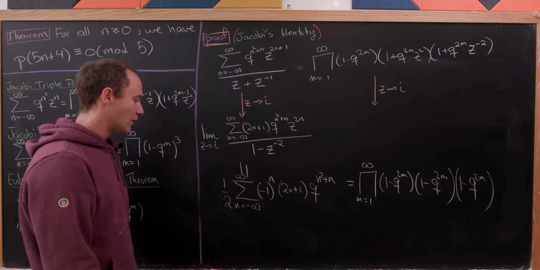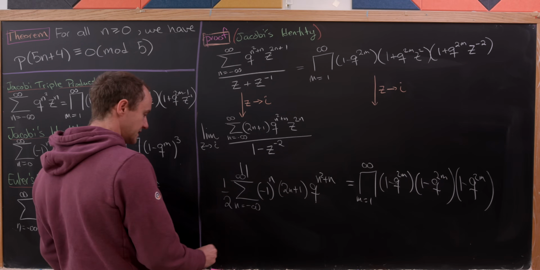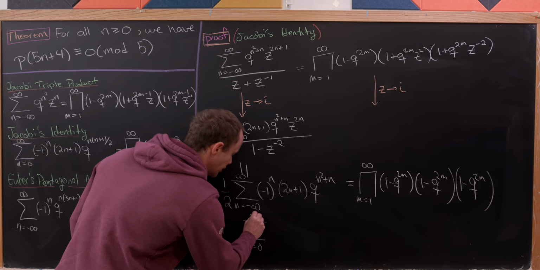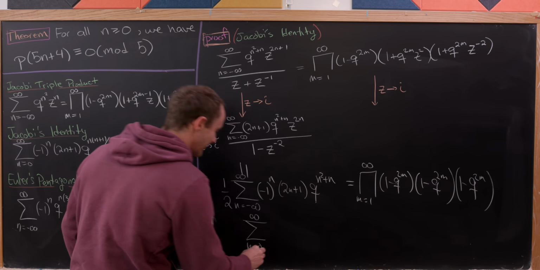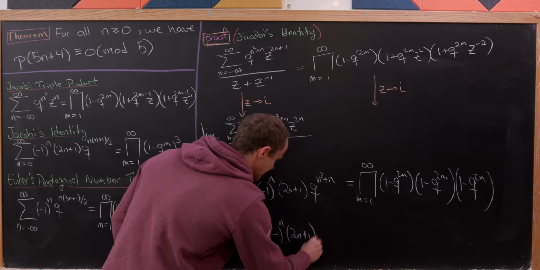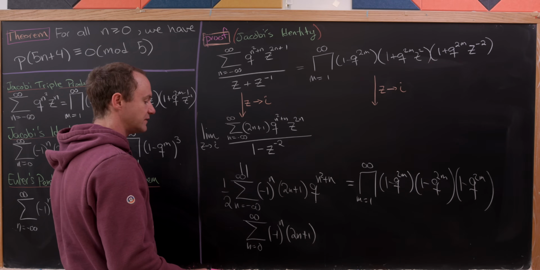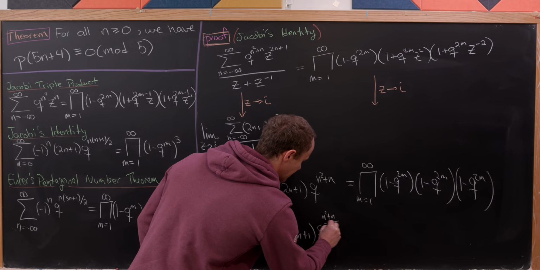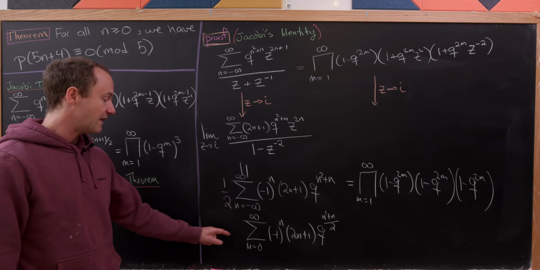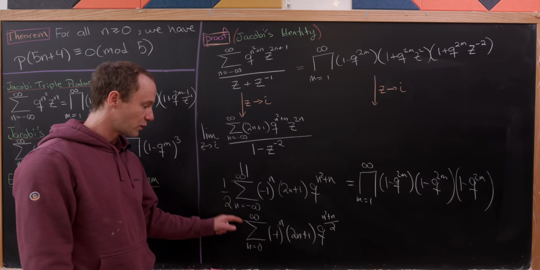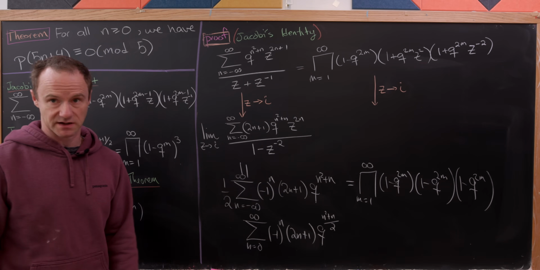But now we can do the following, and I'm going to leave some of this as a bit of an exercise. What we can do is replace q with q to the half, and that's going to turn the left-hand summand into (minus 1) to the n, (2n plus 1) times q to the n squared plus n, all over 2. And then we can observe that the non-negative part of this sum is equal to the negative part of this sum.